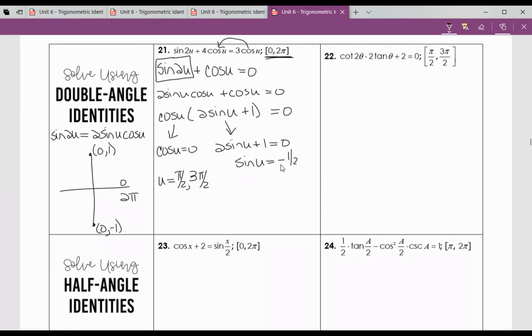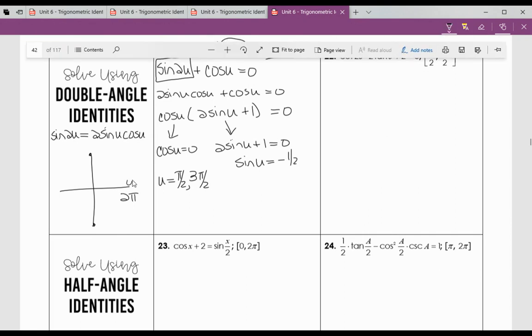Now here, I need to find where sine is negative. Sine is negative in the third and fourth quadrants. So I'm going to go into the third quadrant. I'm going to identify the angle that has a negative 1/2 as its y value, which would be 7 pi over 6.